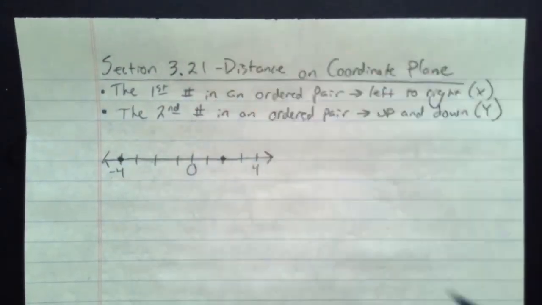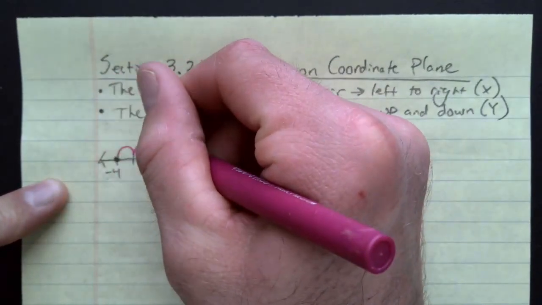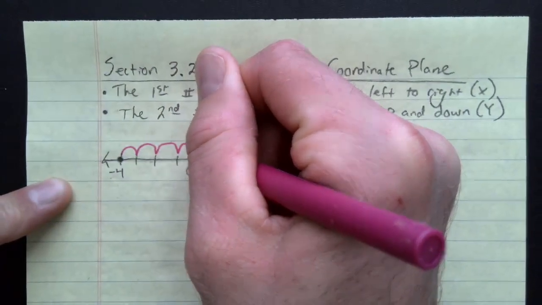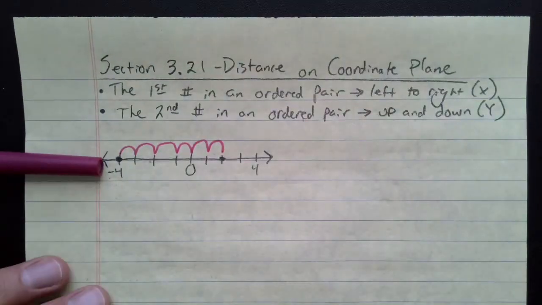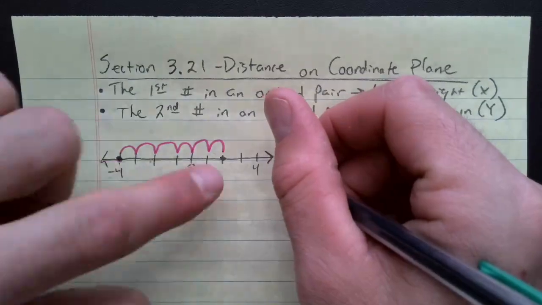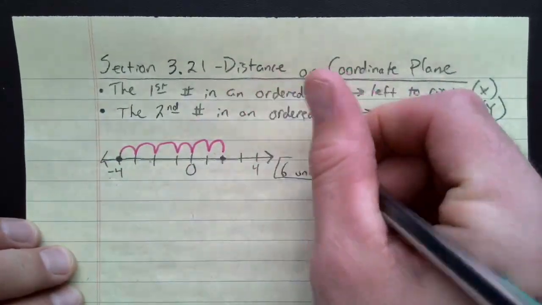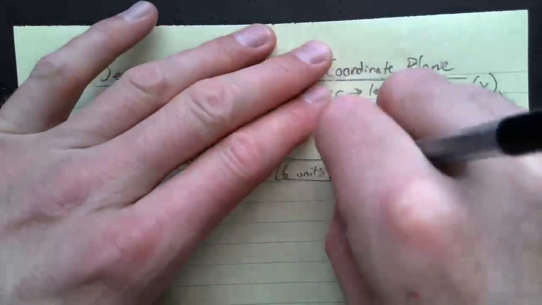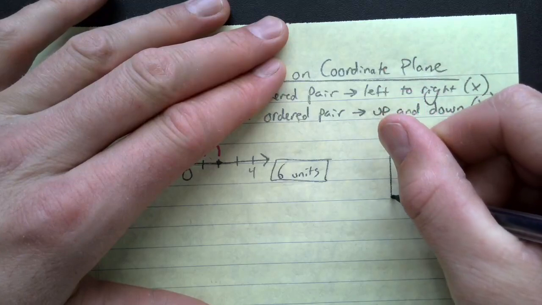To calculate distance, we just create our jumps. 1, 2, 3, 4 to 0, 5, and 6. So we know that our distance from negative 4 to 2 is 6 units. That's it.